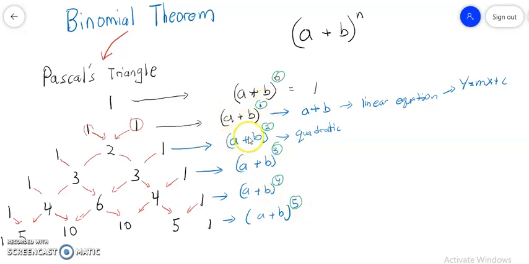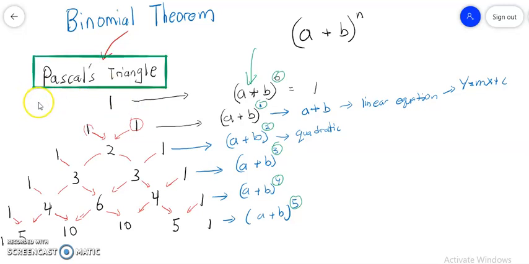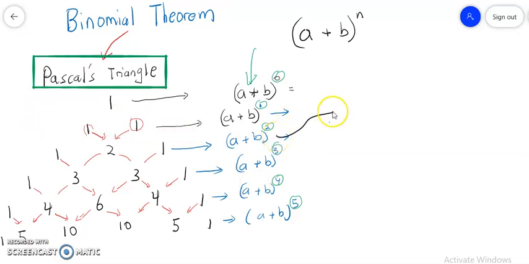You may wonder what is the relationship between this and the number pattern of Pascal's triangle. It's a good question. Now let us look at the quadratic. We have a plus b squared, which also means multiplied by itself.